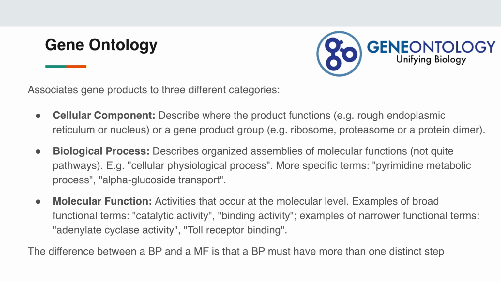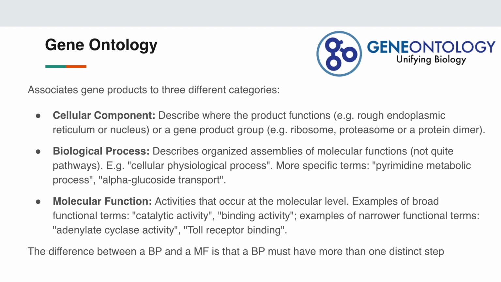So let's go into gene ontology a bit further. An ontology is just a structured system for describing knowledge. And what gene ontology tries to do is to associate gene products to three different categories. And these categories are: first, cellular component.